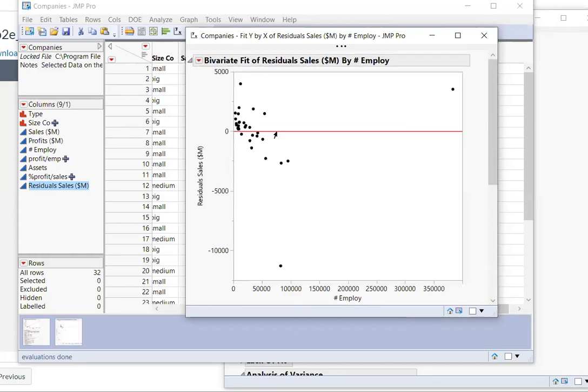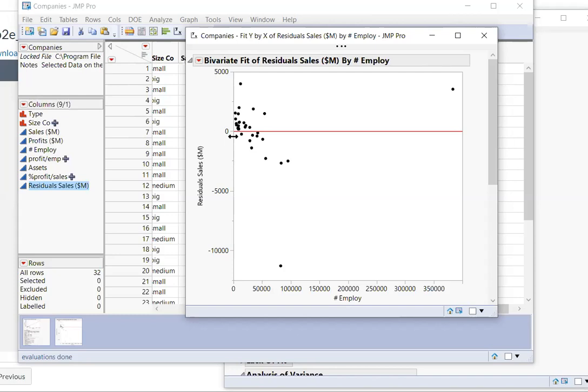Look, the residuals seem to have a pattern. From left to right, they are decreasing. That shows that we don't have independence of residuals.